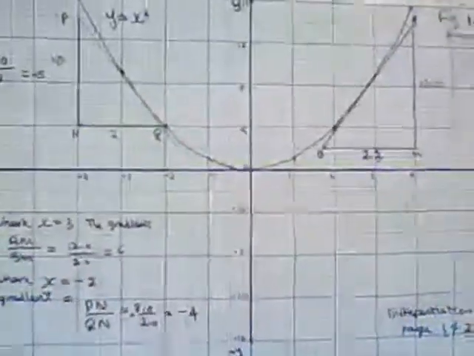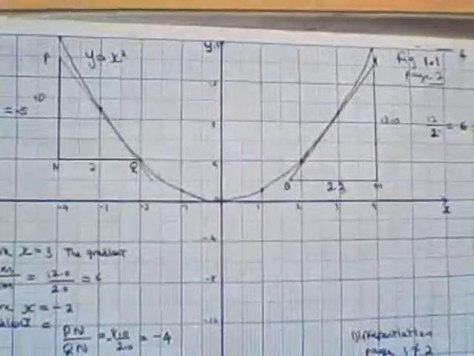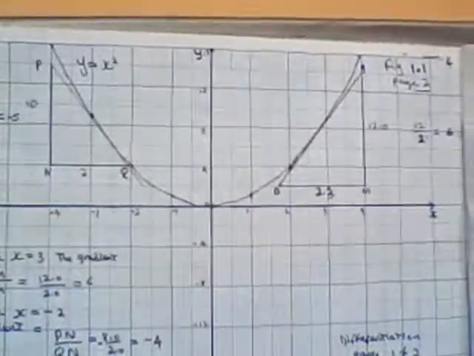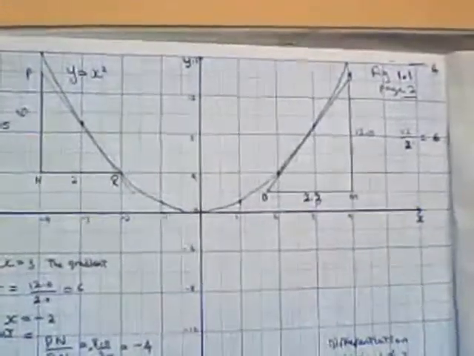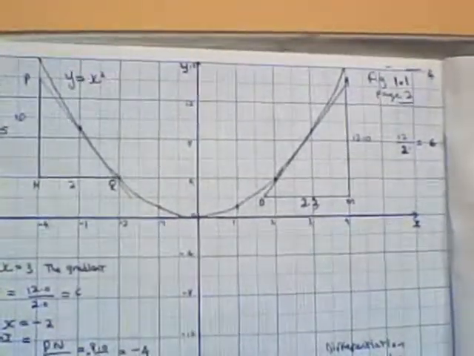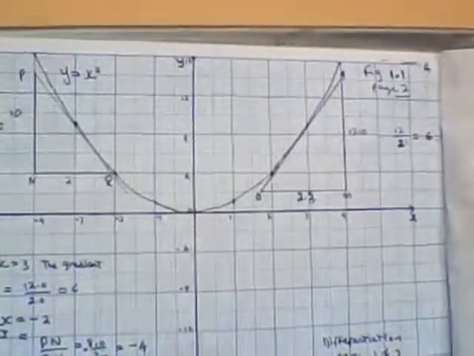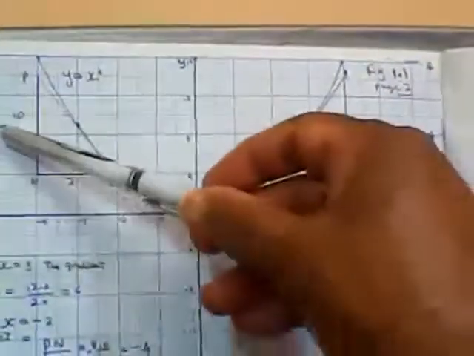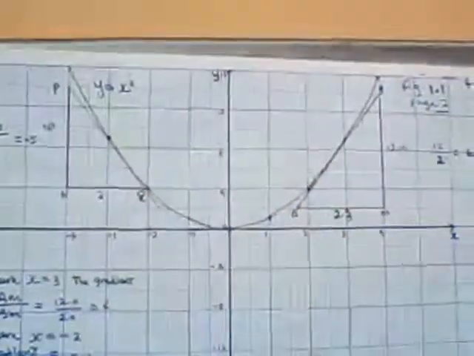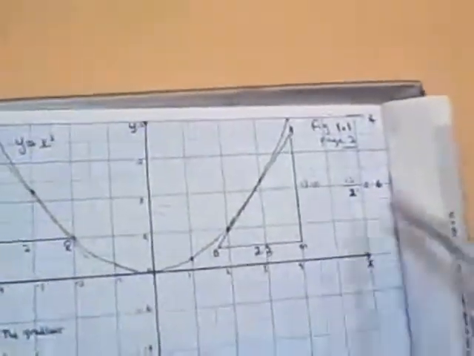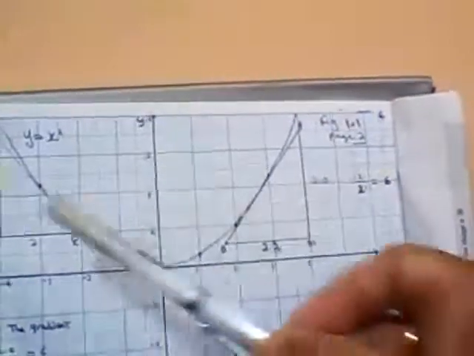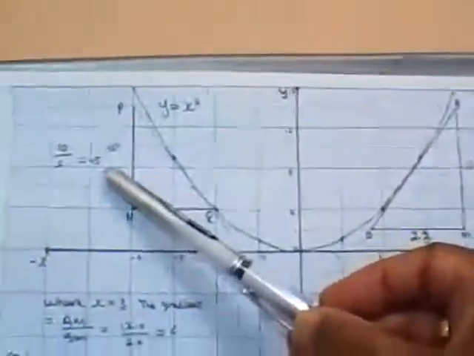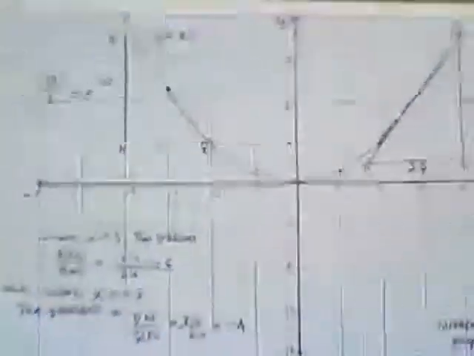So we can see here that the gradient in this case is 6, and the gradient in this case here is -5. And -5. Okay, let me go back to that now. And bear with me for a moment while I go to the next page.